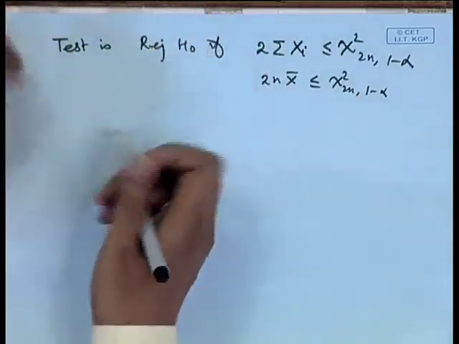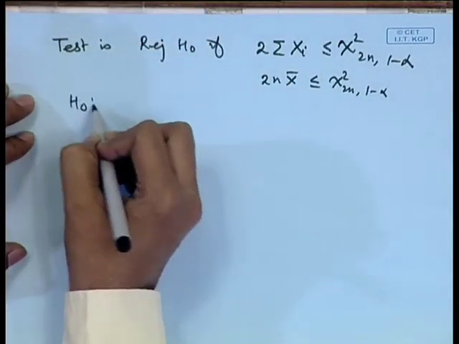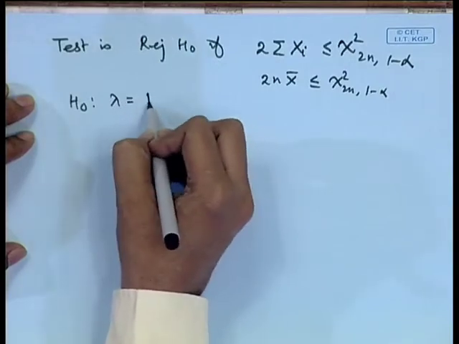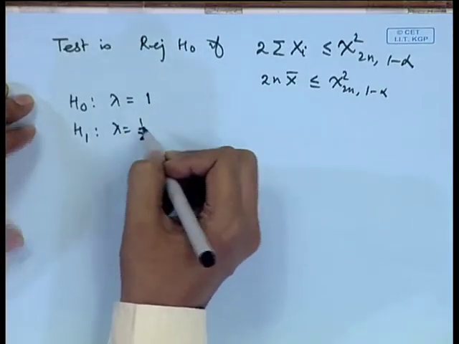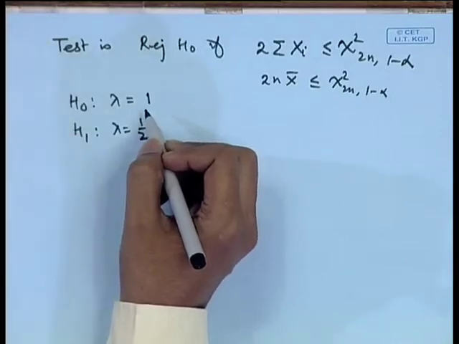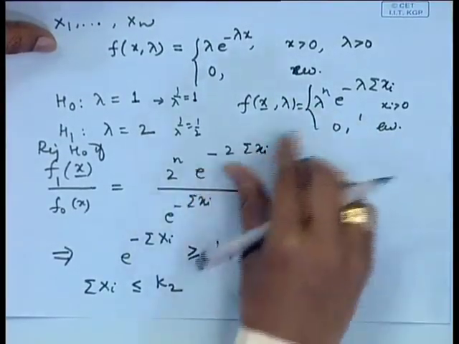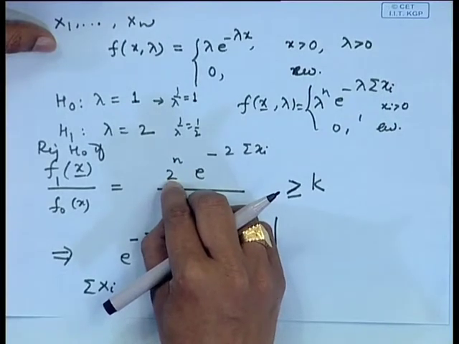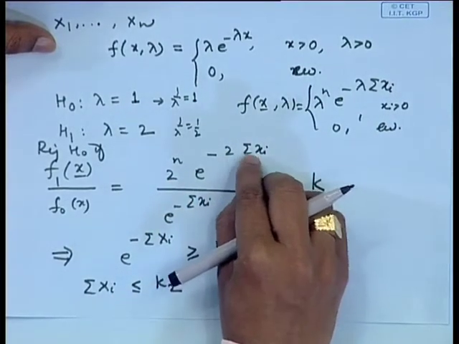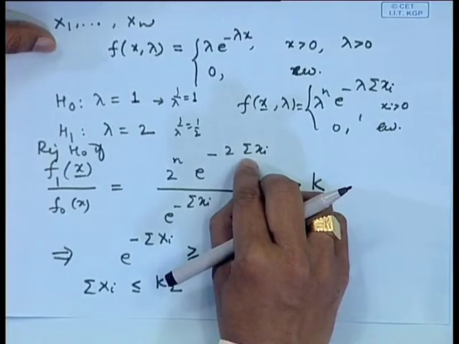On the other hand, if we had H naught lambda equal to 1 against, say, lambda equal to half, suppose I just make the change here, then what will happen? In the case of the null hypothesis, you will have the same value, whereas for the alternative hypothesis this will become half, and this will become e to the power minus sigma x i by 2.